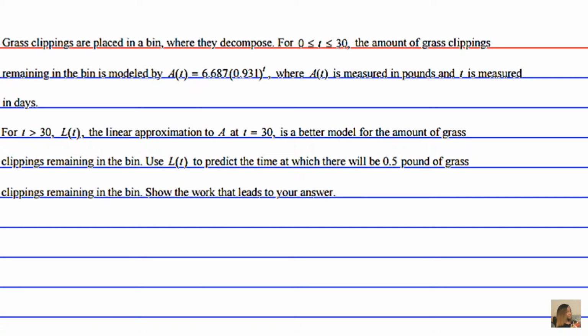All right, so the key phrase in the question stem is linear approximation. In order to do a linear approximation, what we can opt to do is find the equation of the line.